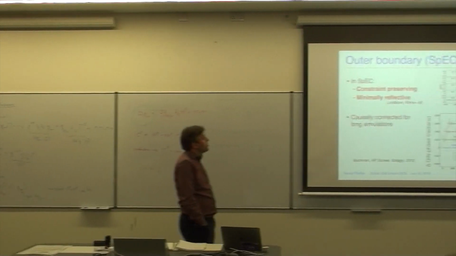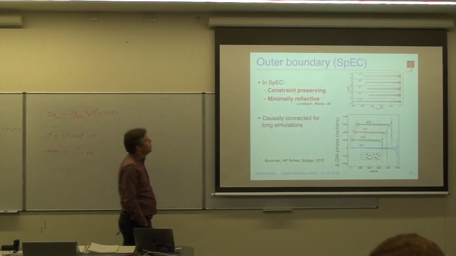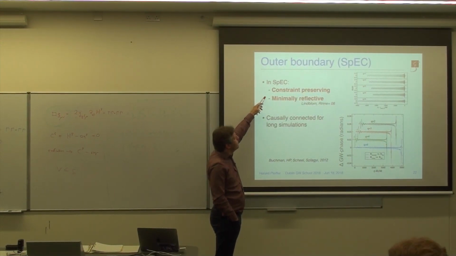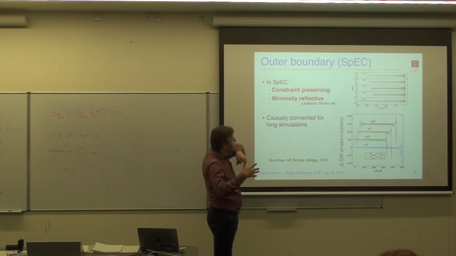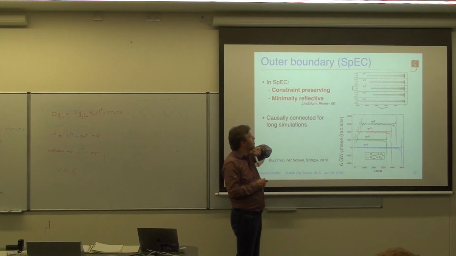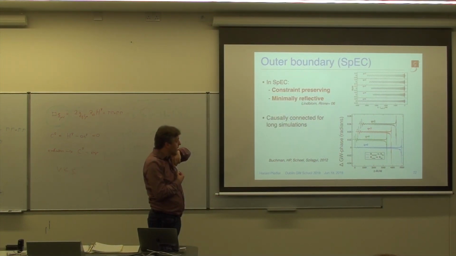Outer boundary conditions. As already pointed out, one can derive very fancy boundary conditions to preserve constraints and to avoid reflection of the outgoing gravitational waves back in. Lee Lindblom has been the primary person working out all this theory.